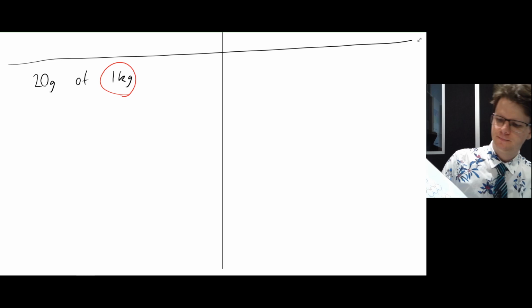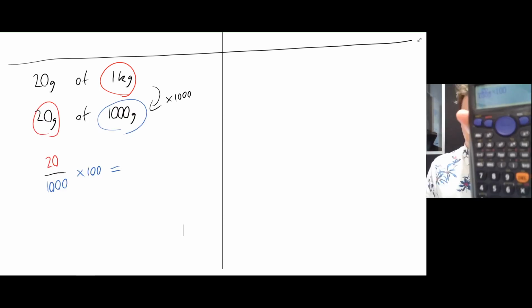Part's 20, whole is 1,000, part over whole times 100. Not 1,000. Why 100? Because we're looking for a percentage, and a percentage is always out of 100. So 20 over 1,000 times 100 should get the answer of 2%.